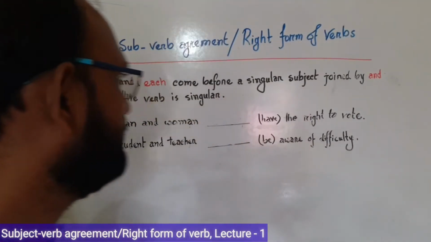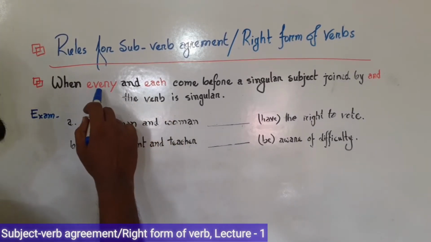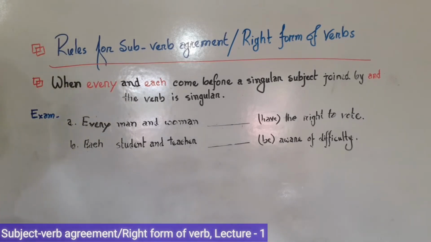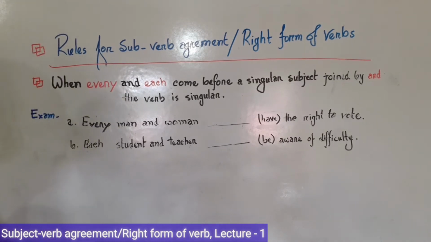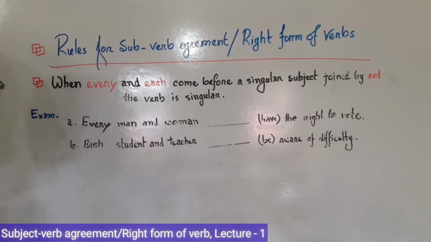Dear students, look at this. Now we will learn how to use every and each. When every and each come before a singular subject joined by and, the verb is singular.